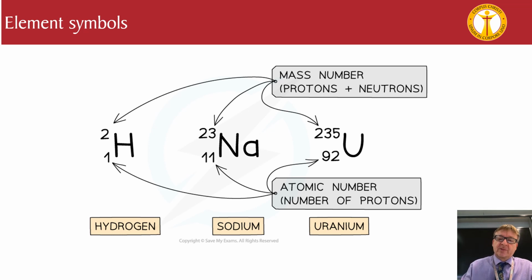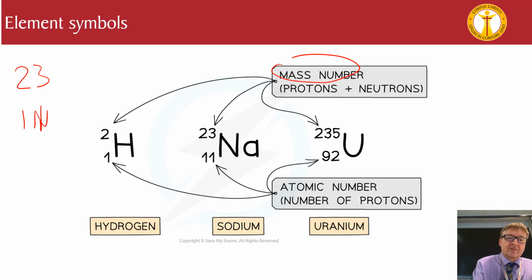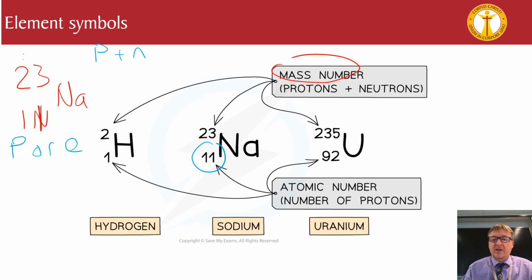Element symbols. We'll start off with the mass number. The mass number is the number at the top. So I've got 23, I've got 11, and I've got Na. The mass number is the number at the top, the 23, and that tells you the number of protons plus the number of neutrons. The number at the bottom, the 11, is the atomic number, which is the number of protons, and it's usually the number of electrons as well.